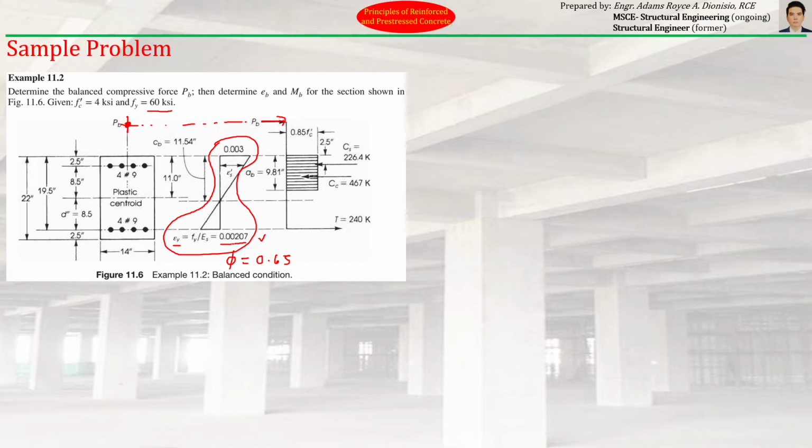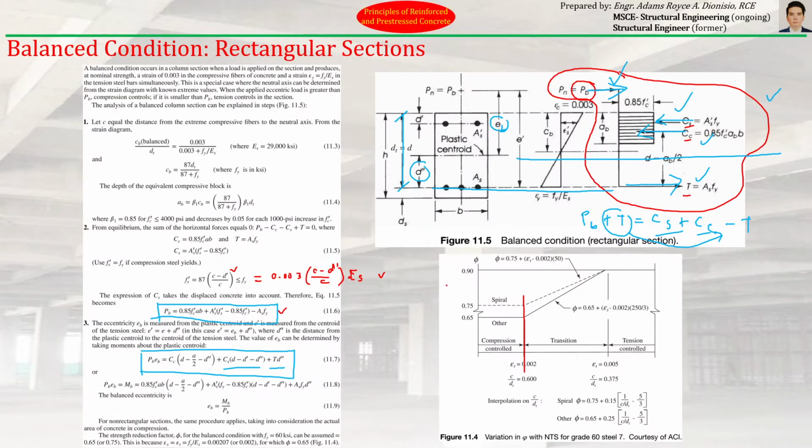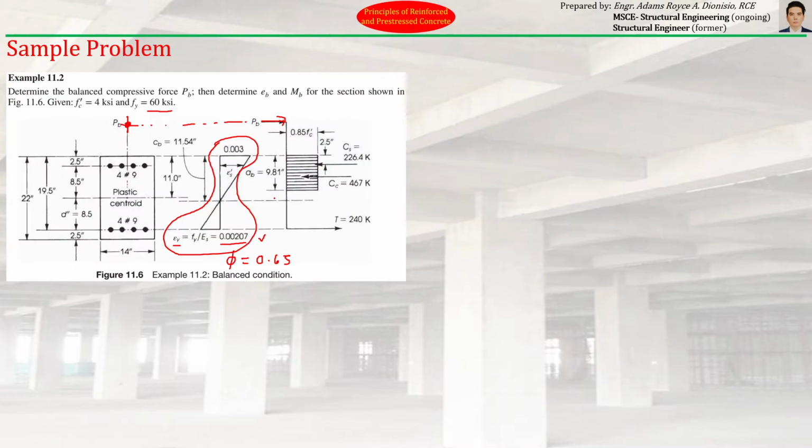But if you want to be exact, you can also place it in the transition region, since 0.00207 is near there. But for simplicity, we can just use 0.65, compression controlled. Anyway, that is not what is being asked in this question. We are tasked to compute for PB, EB, and MB. So what we need to do first is to compute this location.